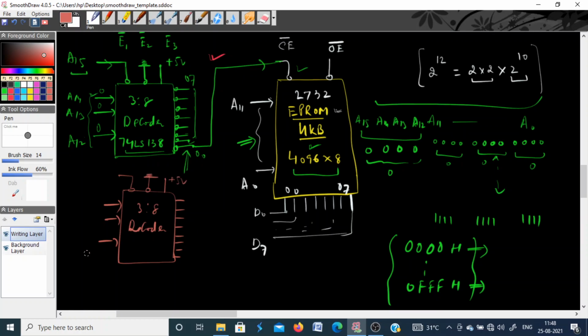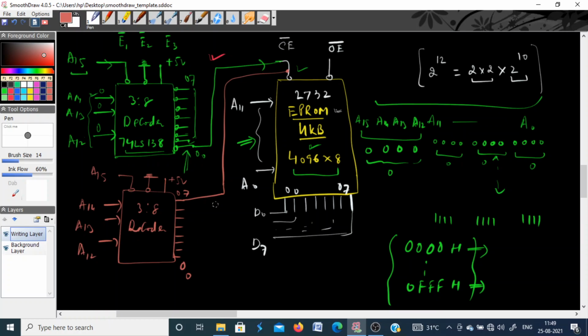So you are left with 4 address lines, A12, A13, A14 and A15. Now, instead of utilizing output 0 of this decoder, suppose I connect output 7 with the chip enable. You have to connect just one output pin to the chip enable, so any one pin can be utilized.